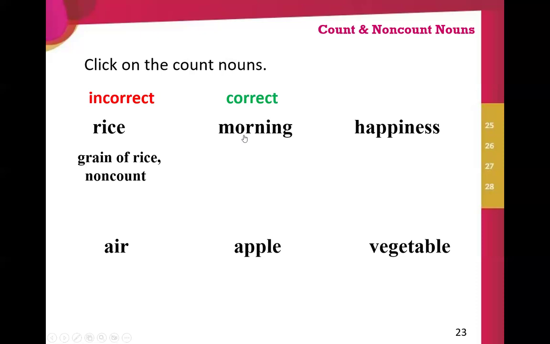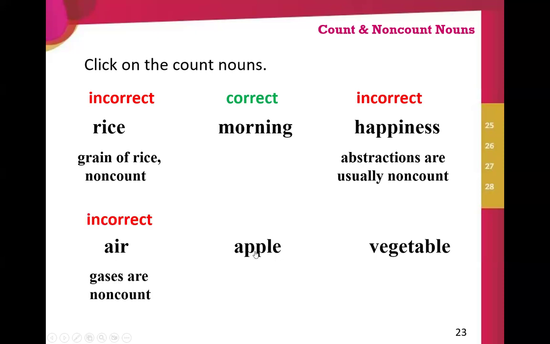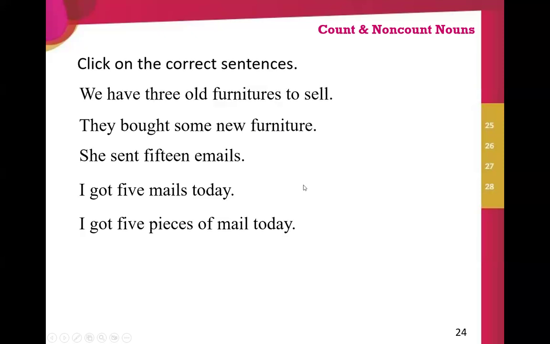Three mornings, four mornings. It's countable. Happiness is an abstract noun, so it's not a count noun. Air, is it count or not count? Non-count. Apple, count. Vegetable, count.